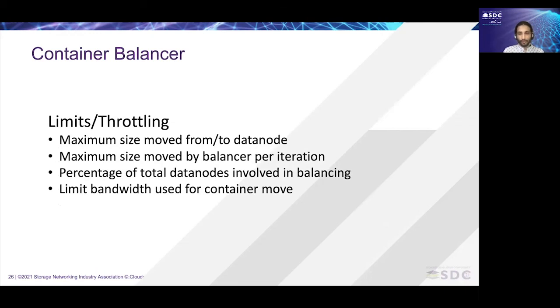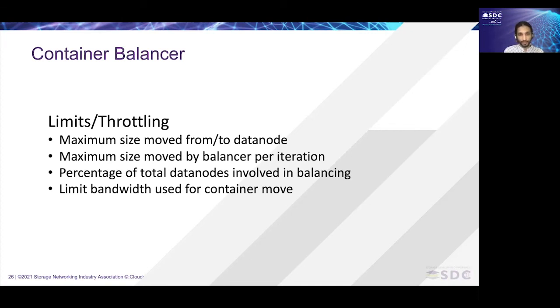Container balancer also provides limits, and it can be used to throttle the way moves are happening. So there are configurations to limit the maximum size moving from the source data node and moving toward the target data node.